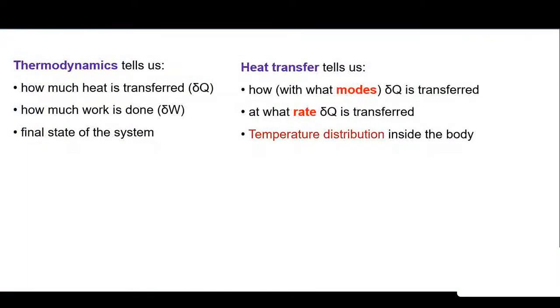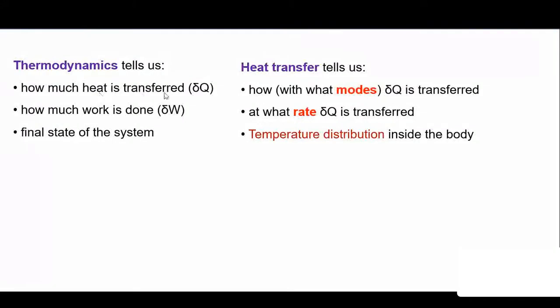Whereas on the other side, in heat transfer, we study how the heat transfer is achieved, by which mode. Here, in thermodynamics, it is only how much; in heat transfer, how means by which mode the heat is transferred, and at what rate.